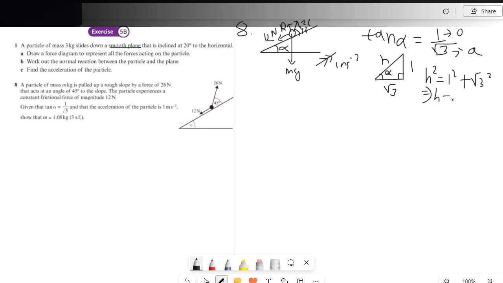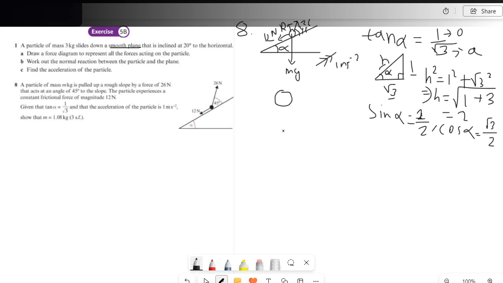So h is equal to root over 1 plus 3, which is root over 4. As we know, 4 is equal to 2 squared, so root over 4 is 2. So we can say that sine alpha is equal to 1 by 2, or half, and cos alpha should be root 3 by 2, because sine alpha is equal to opposite by hypotenuse and cos alpha is equal to adjacent by hypotenuse.